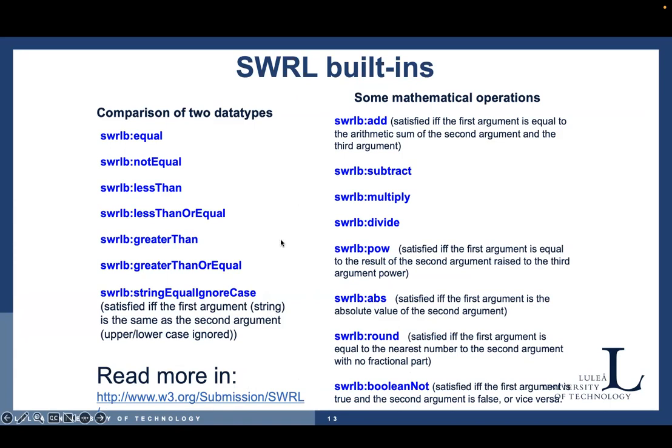But for the example I want to show, what we need are some concepts or logical operators, operations that allow us to analyze existing facts in the ontology in a very straightforward manner. So you see some algebraic operations, comparison operations, and such.